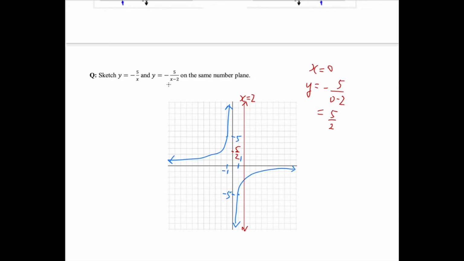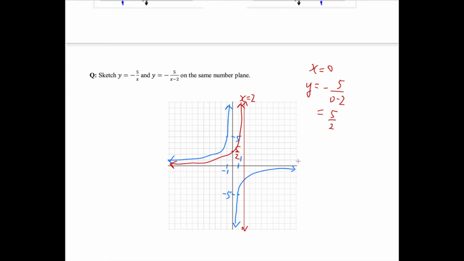And basically, we know that this graph will also be in quadrant 2 and quadrant 4. So you can just draw the graph like this. Okay. Similarly, you have to draw something that looks like that in this quadrant. But before we do that, let's just find one point.